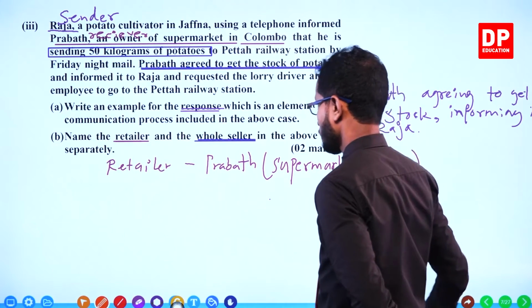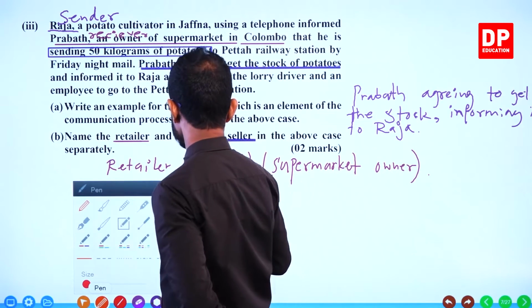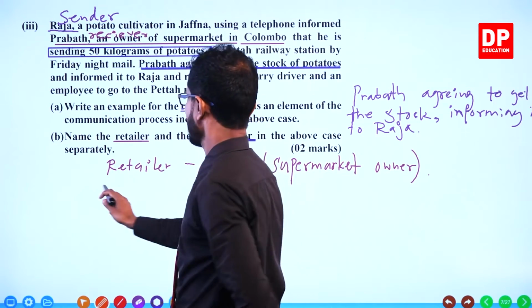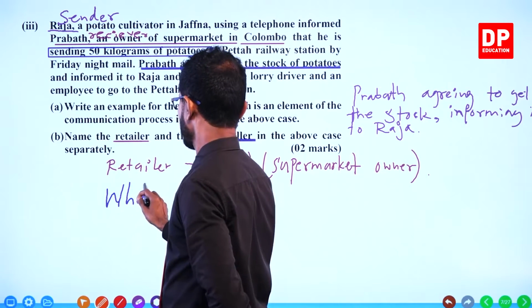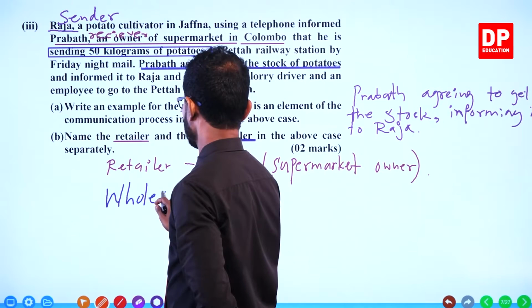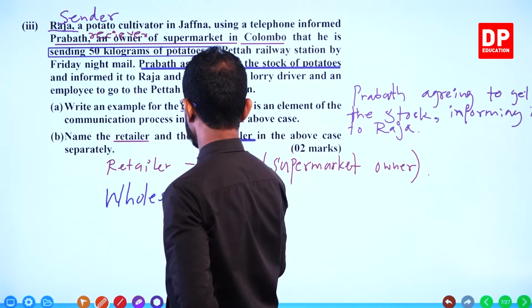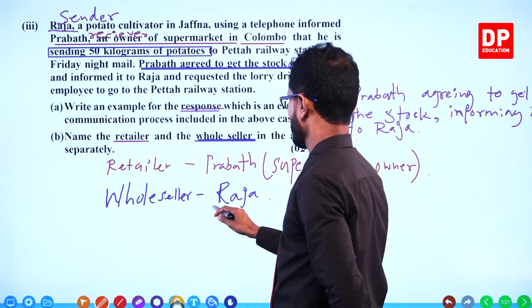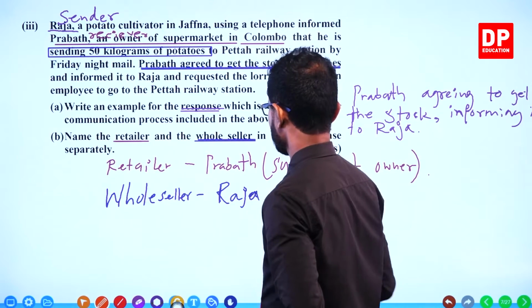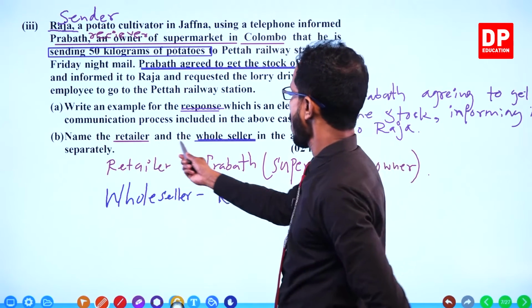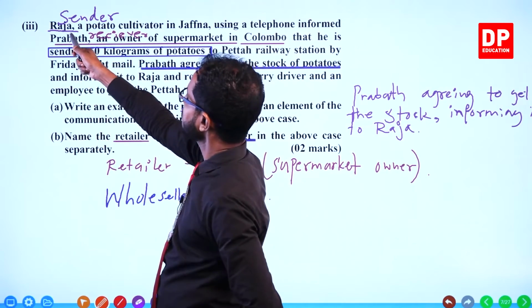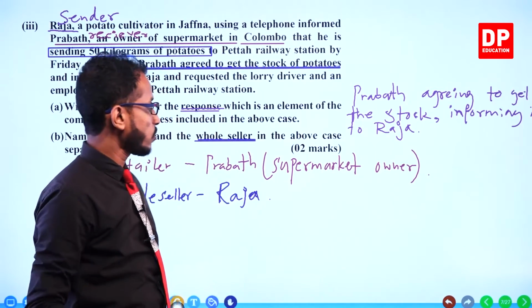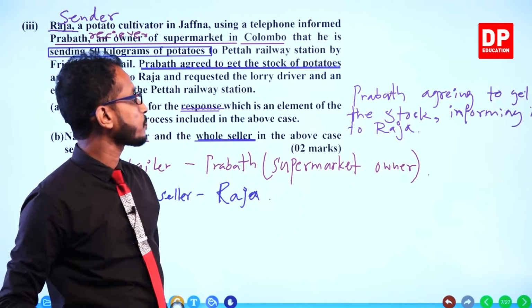That is the role of the wholesaler, because Raja is selling in bulk to Prabhat in order to resell potatoes in Colombo.